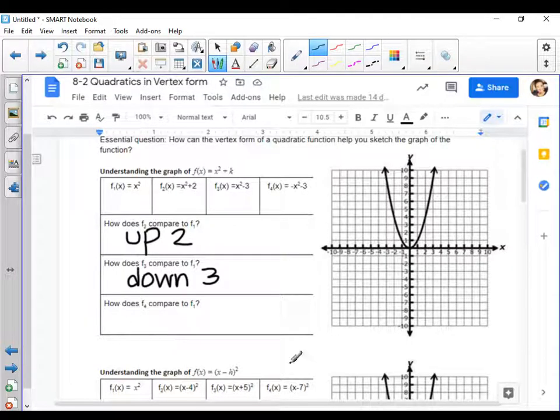When it flips direction, it's called a reflection. So you could say it opens down, or you could say it's reflected. When it switches the way it opens, whether it started up and then flips to down, that's called a reflection. And then also it is pointing down.